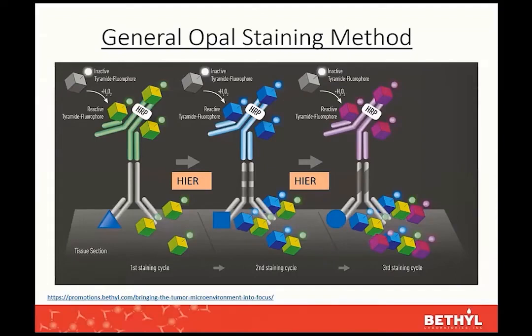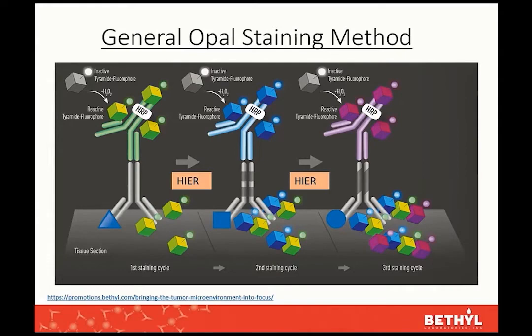In the OPAL method, you bind a primary antibody to the tissue, and then you incubate that reaction with an HRP conjugated secondary antibody, and the HRP then will attach the OPAL to the tissue. You have a heat step, which removes the first primary antibody, and then you can allow you to come in with the second antibody. OPAL is attached to the tissue, and then you repeat the process for this third step.